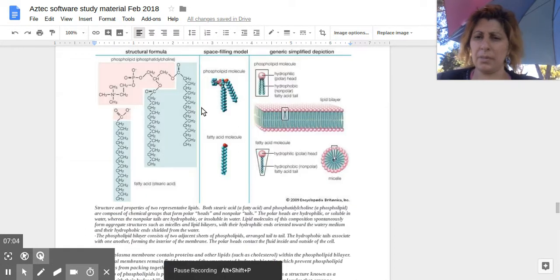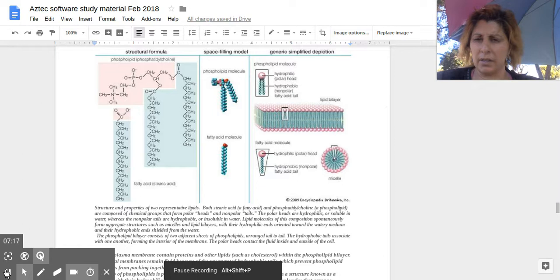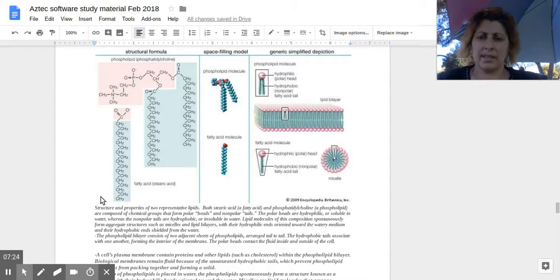So more diagrams showing the structural formula of a phospholipid, or phosphatidylcholine, with fatty acid tails. The fatty acid here is stearic acid.